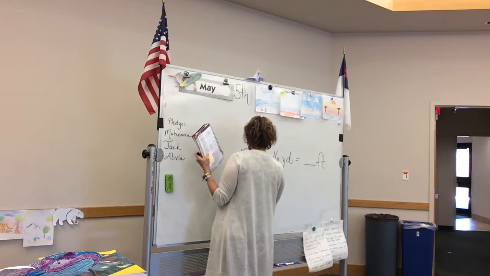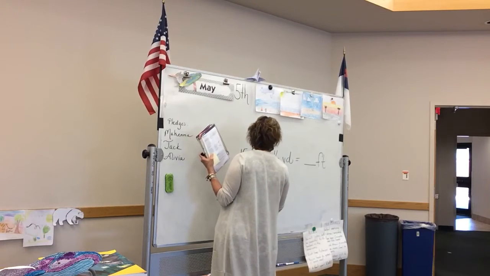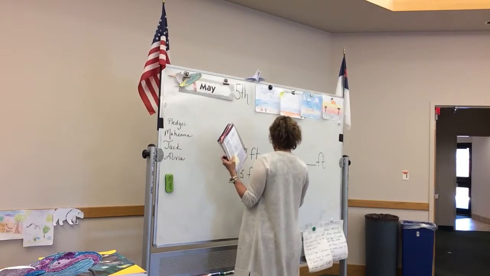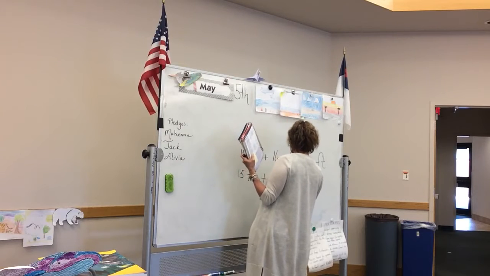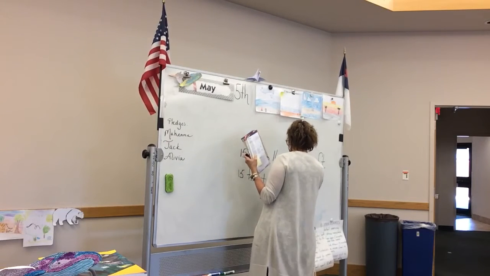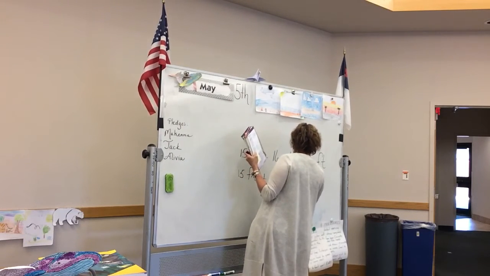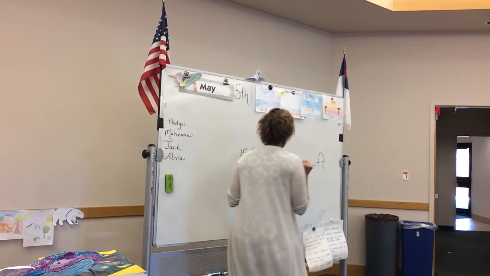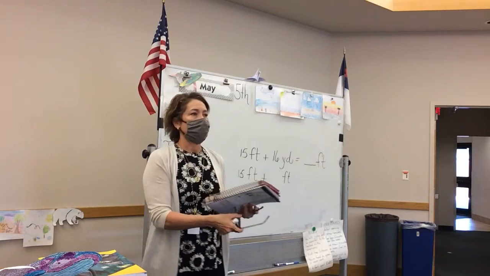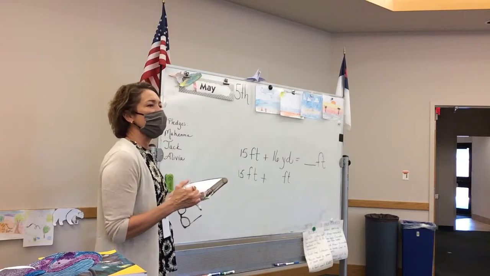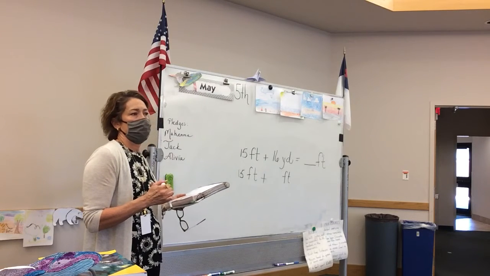We're trying to find feet. So the 15 feet go under here, correct? What am I going to do with this? What needs to be done next? What is my next step?